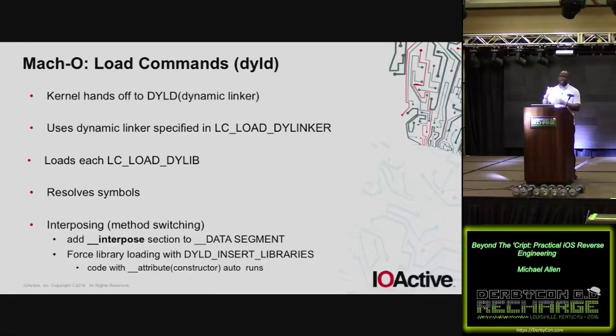So in your dynamic library, code that has the attribute constructor, once the dynamic library gets loaded, it will auto-run. Most people might be familiar with dynamic libraries if you use dump decrypted for injecting into a process and dumping the binary itself, because binaries from the App Store are encrypted, but once they get executed and loaded into memory, they are unencrypted. Dump decrypted inserts a dynamic library, reads the binary out, plain text, boom.